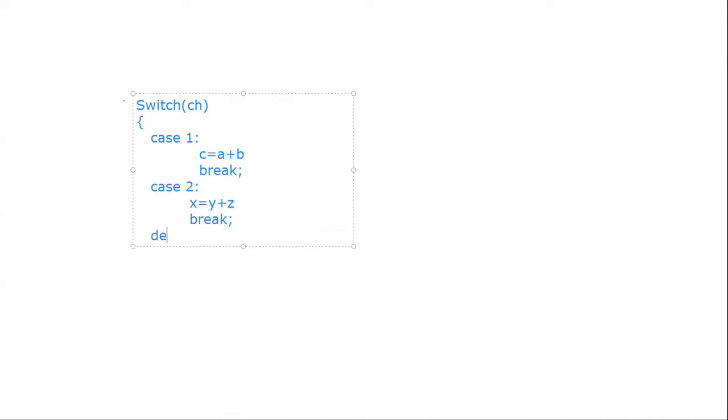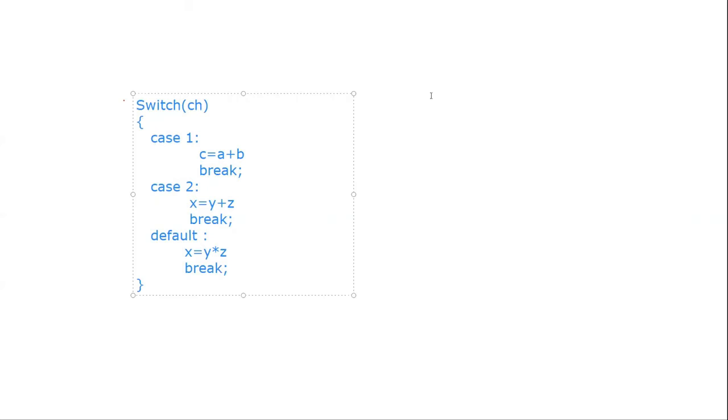If both choices are not true, then we'll perform the default, and suppose in default we are doing x = y * z and break, right? So this is the switch statement which is written in the high level language.